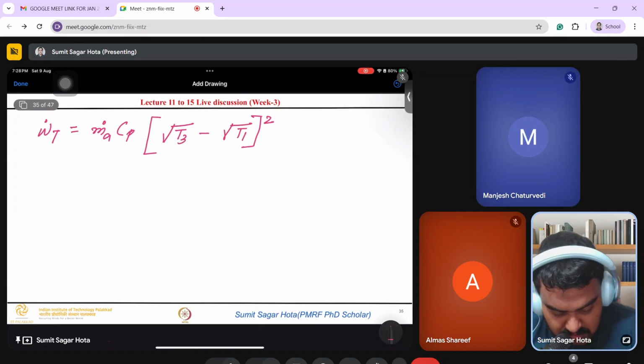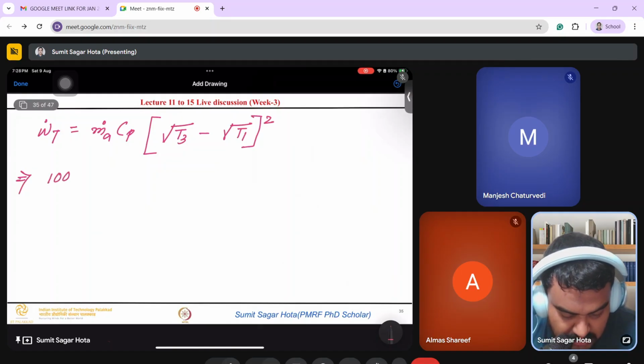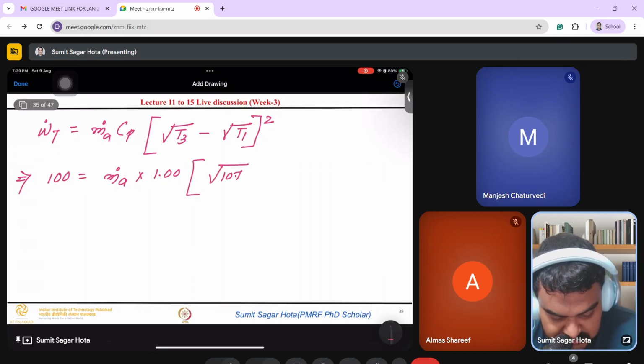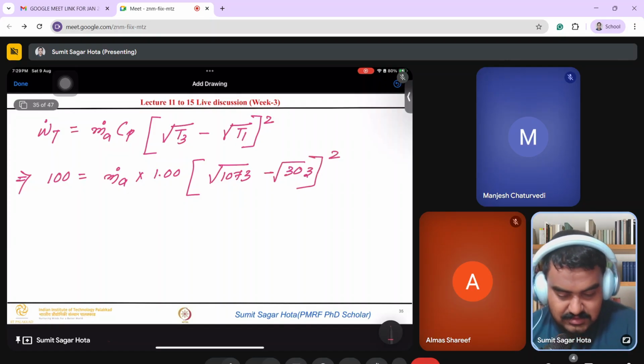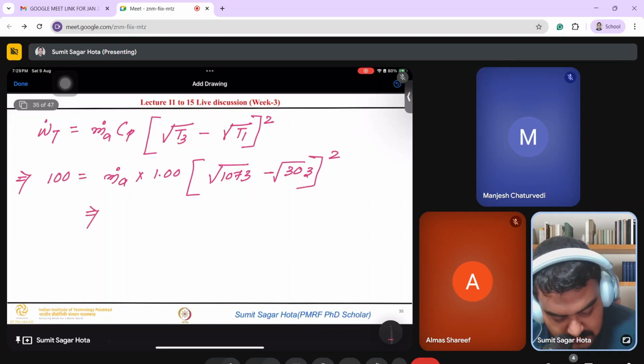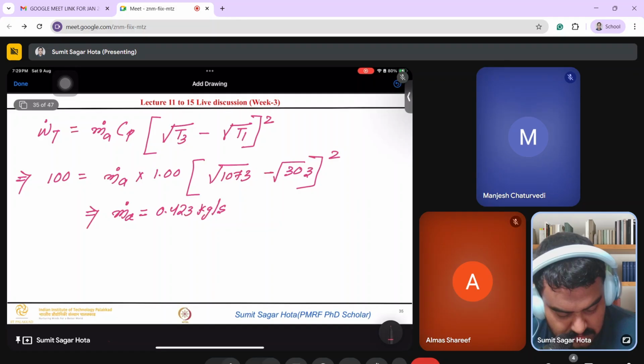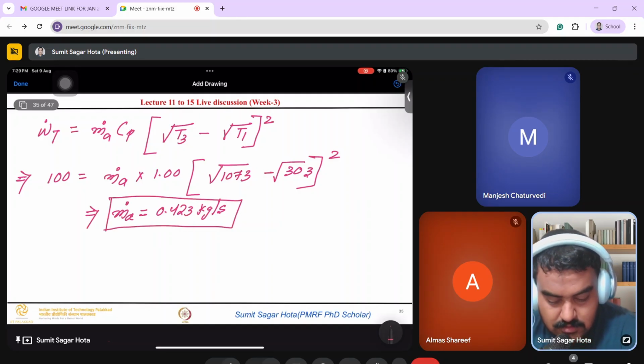So 100 is equal to m dot a into 1.00 into the square of the square root of 1073 minus the square root of 303. Then m dot a is equal to 0.423 kg per second. So this is your answer.